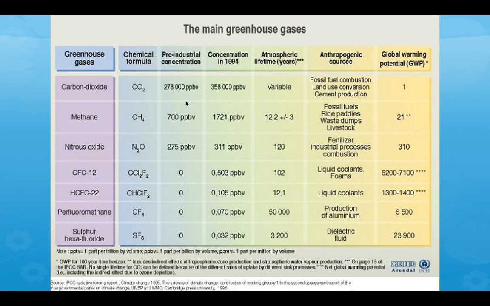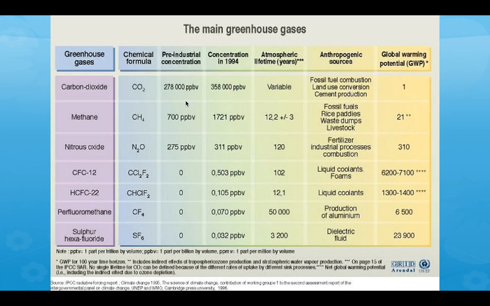So for methane, we were at 1,721 in 1994, and now we're at 1,866. So it's gone up some more. For nitrous oxide, we were at 311, now we're at 332, so it's gone up. For CFC 12, we were at 503, and now we're at 504.